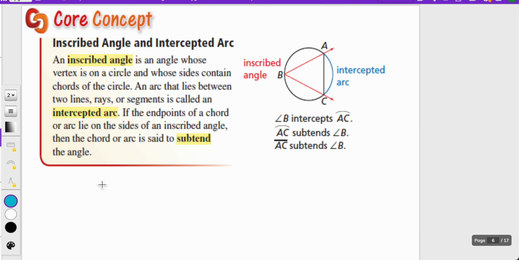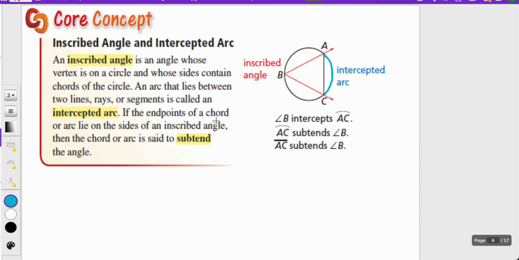So we see over here we've got a triangle, and it's got some inscribed angles because of those criteria. An arc that lies between the two lines, rays, or segments is called an intercepted arc. So we have here the arc in blue, and it's lying between two rays of that inscribed angle.